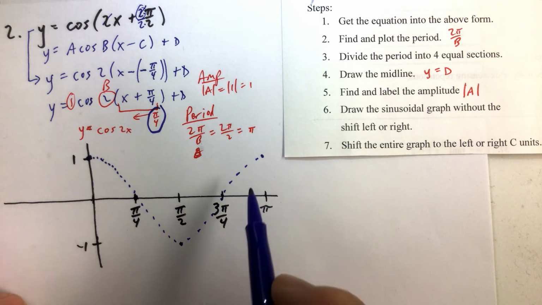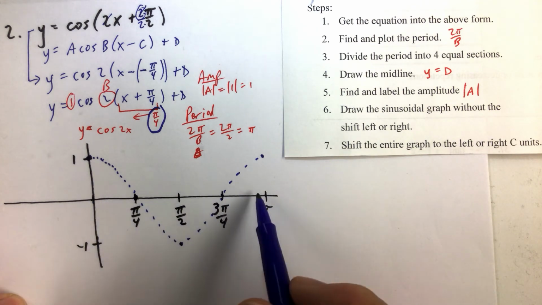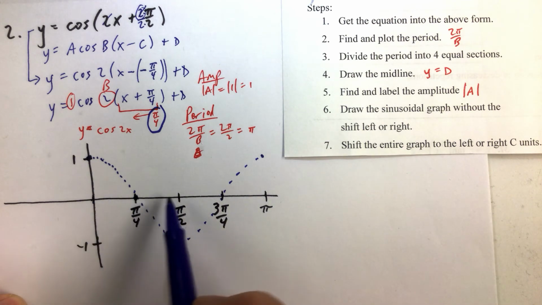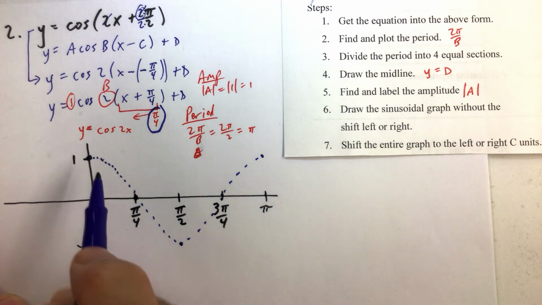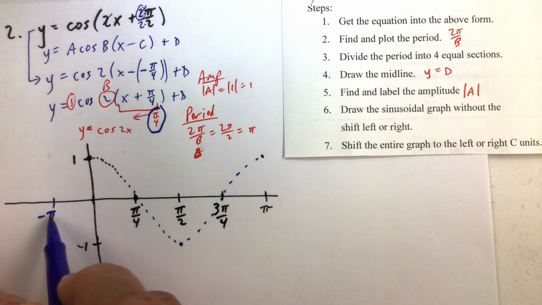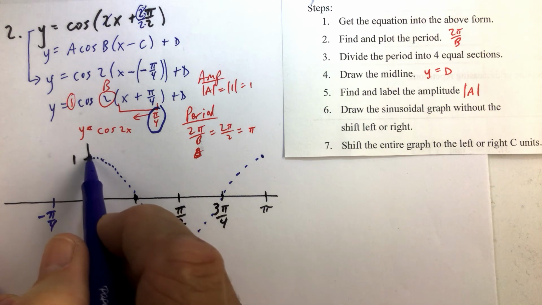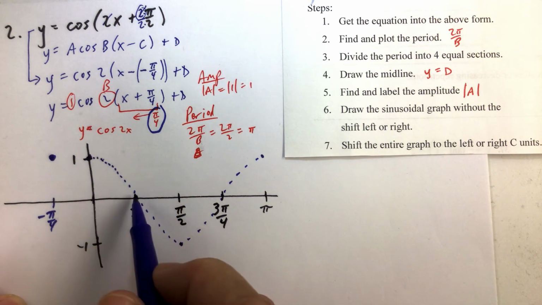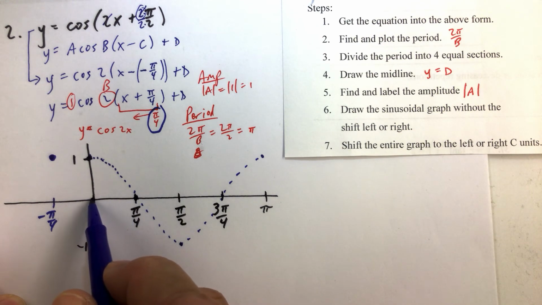This is a nice one because the subintervals are already sectioned off in pi over 4 radians. So all we have to do now is take the 0 and subtract pi over 4 radians, and move that high point, that starting point up here, to the left pi over 4. The midpoint then moves to the left.